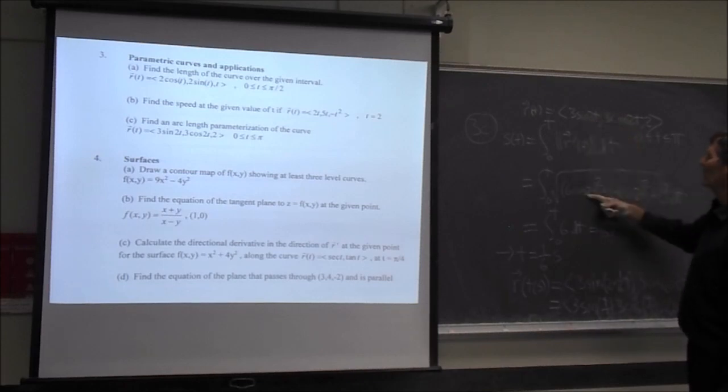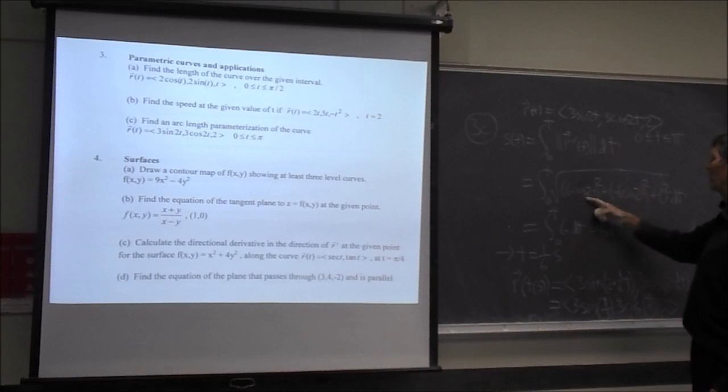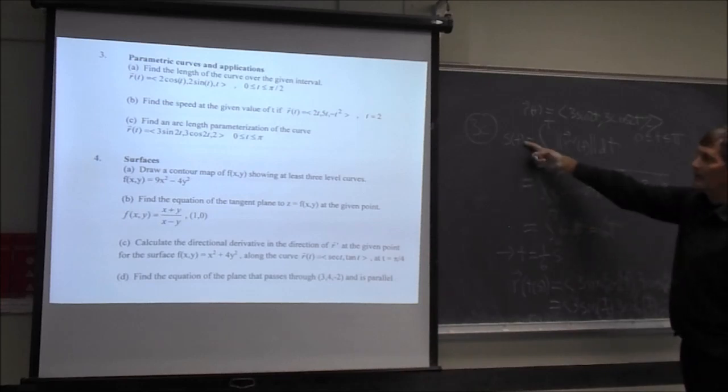It's this one derivative squared plus this one derivative squared plus this one's derivative is 0 squared. In 3 dimensions, we have 3 components, root sum squared. But this all just reduces to 6. Right? Cosine squared plus sine squared being 1. So we have to integrate 6, and we find out that we get 6t is the arc length along the curve.